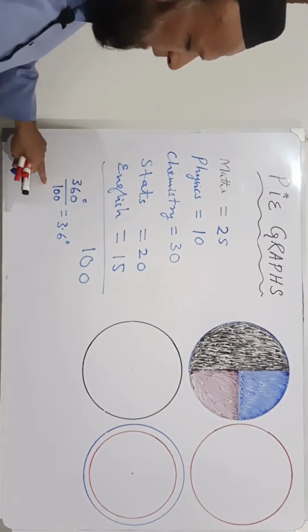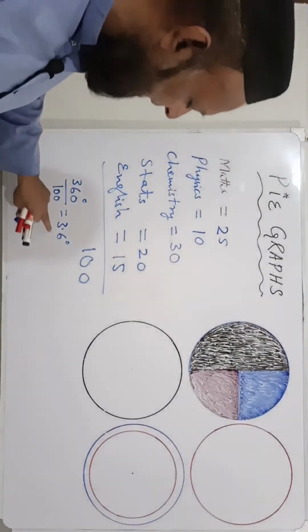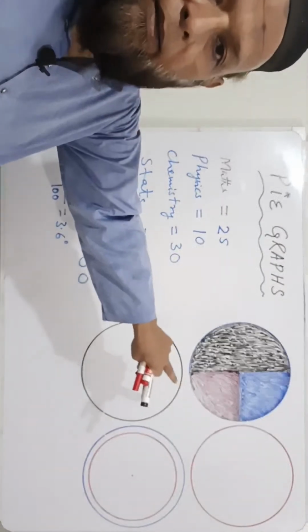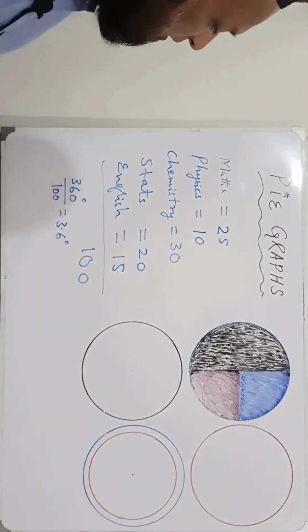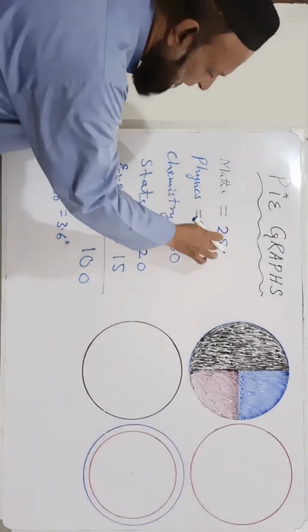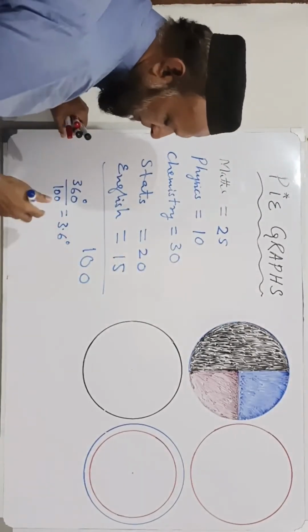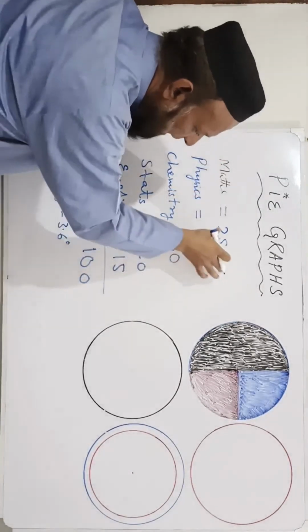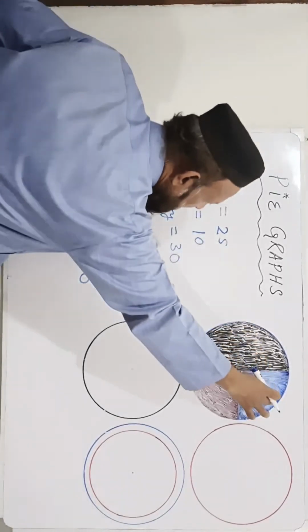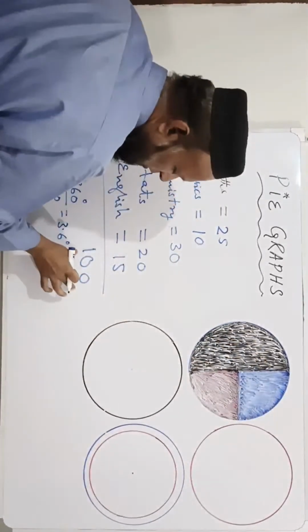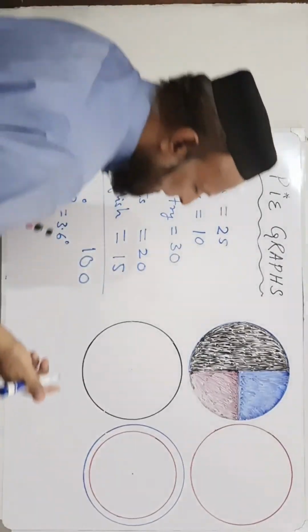So one student should be indicated by 3.6 degrees over there. When we talk about 25 for maths, 25 out of 100 is simply 25%. So 25% we will plot immediately.